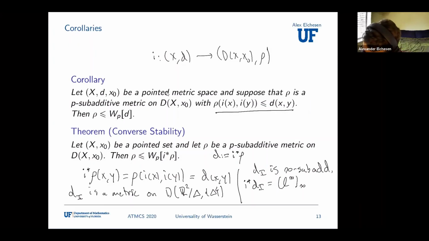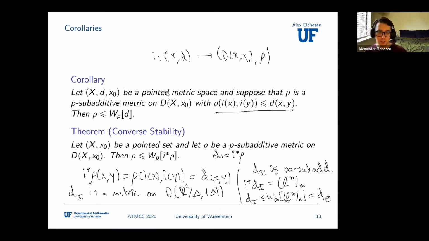So then this theorem is telling us that the interleaving distance is less than or equal to W infinity of L infinity. But this thing right here is exactly the bottleneck distance. Okay, so we get, I guess, maybe the less interesting side of the isometry theorem, the easier side to prove, but we get it completely formally in this way.